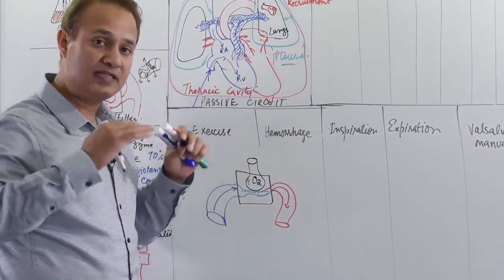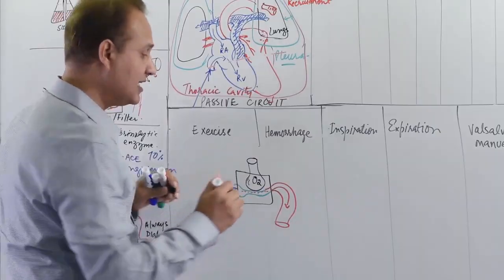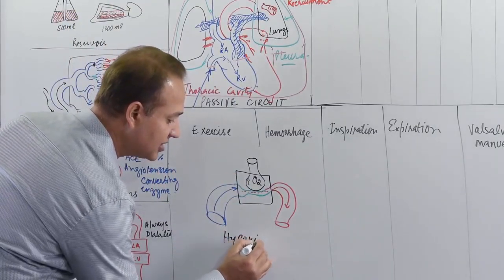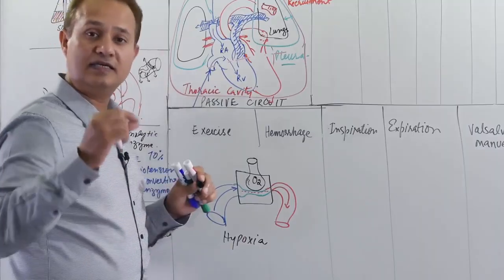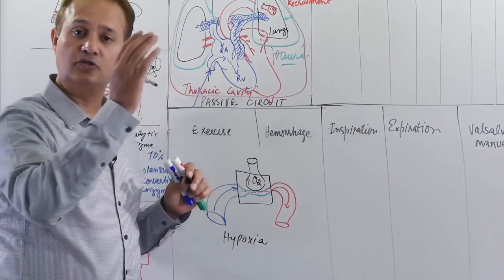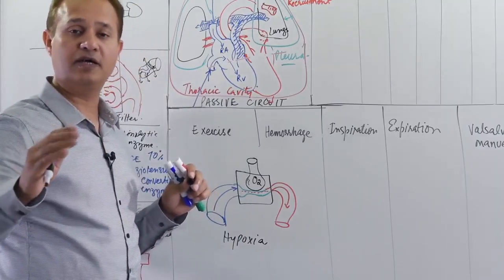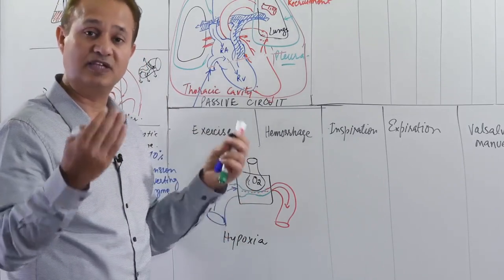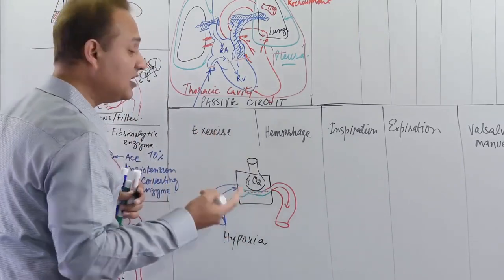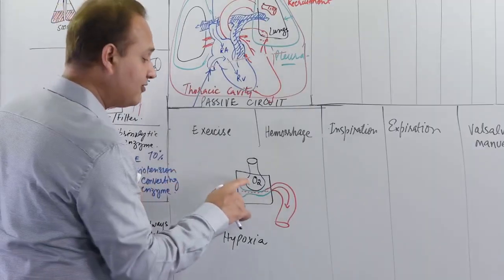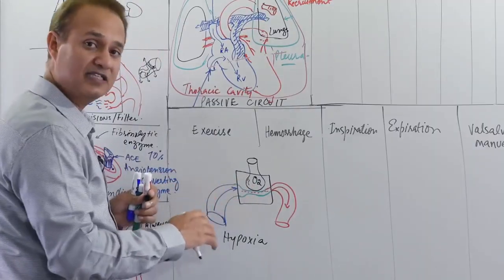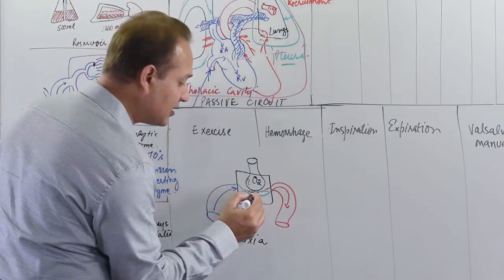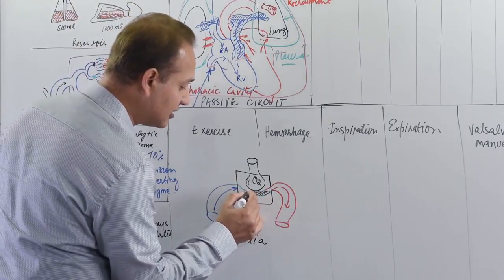Normal systemic behavior is that hypoxia will dilate the blood vessels to increase the flow of blood to a particular area which is experiencing less oxygen. In the lungs, it is the reverse. If the oxygen level is low in some part of the lung, then the capillary in that area becomes constricted and shuts down.